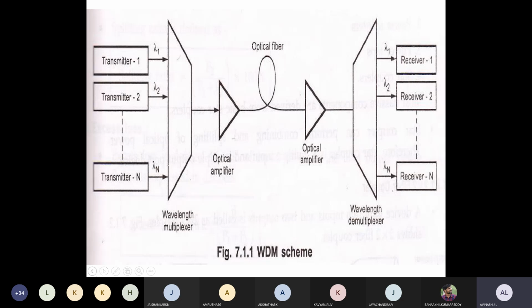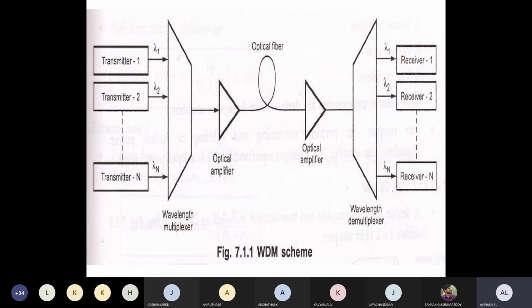Later we understood the WDM scheme. Here there are n number of transmitters and n number of receivers. Instead of using n number of optical cables, we do multiplexing.